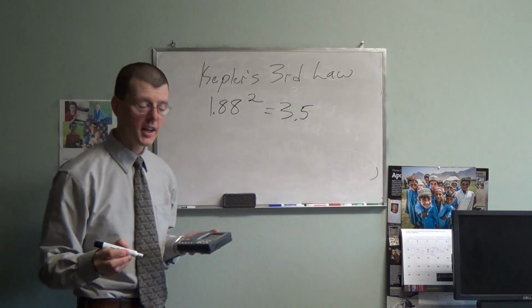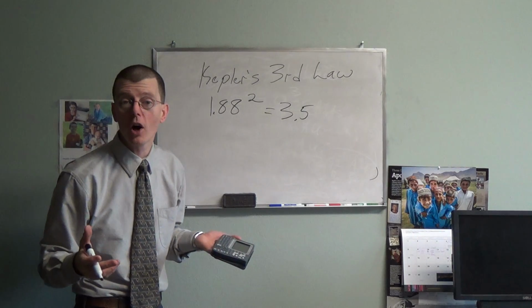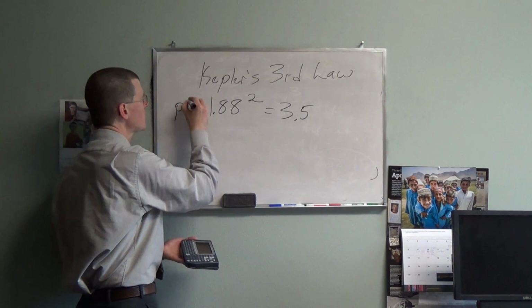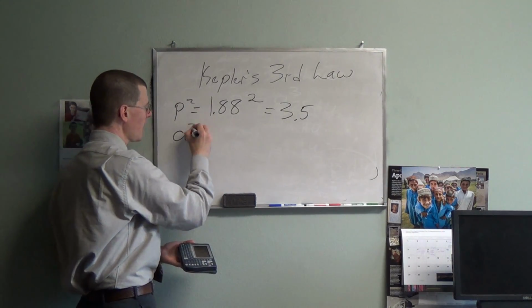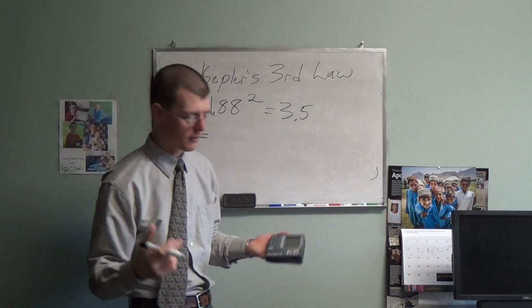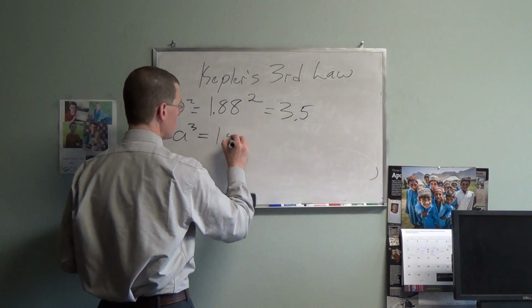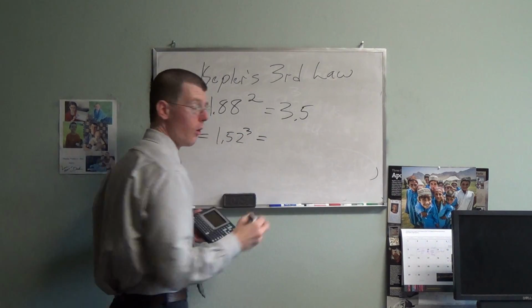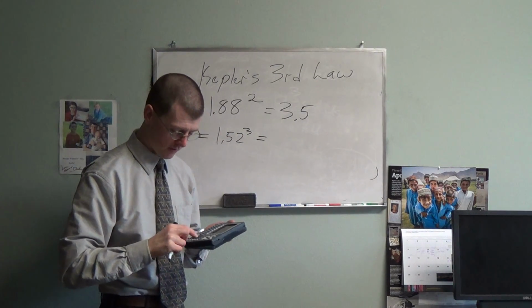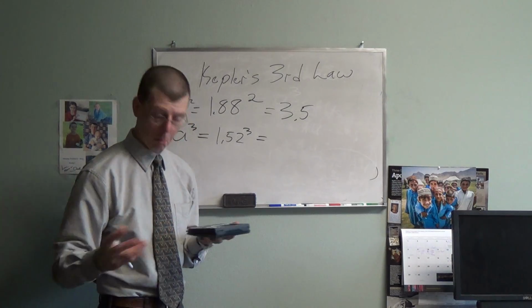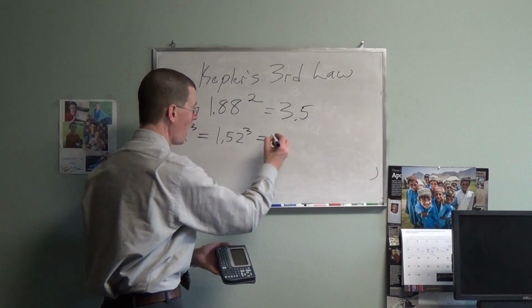So this is p squared right there. If I take a cubed, Mars is an average of 1.52 AU from the sun. So if I do 1.52 cubed, what do I get there? Look at that, it's 3.5 in both cases.